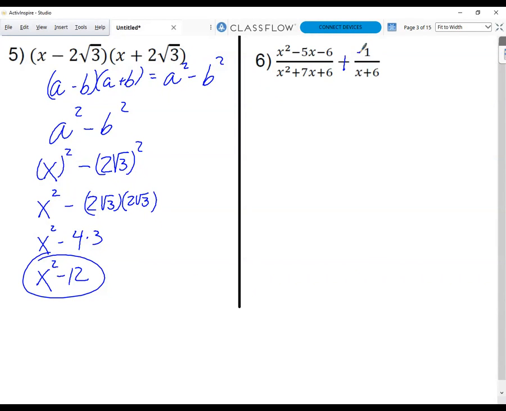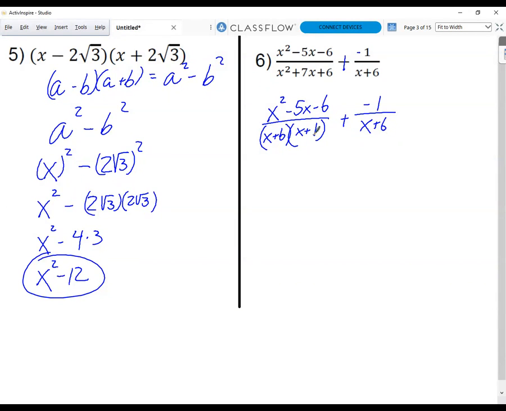And then you want to factor out the denominators. So we get x squared minus 5x minus 6 over, I'm just copying the rest of the stuff over, x squared plus 7x plus 6, which is going to factor into x plus 6 and x plus 1.